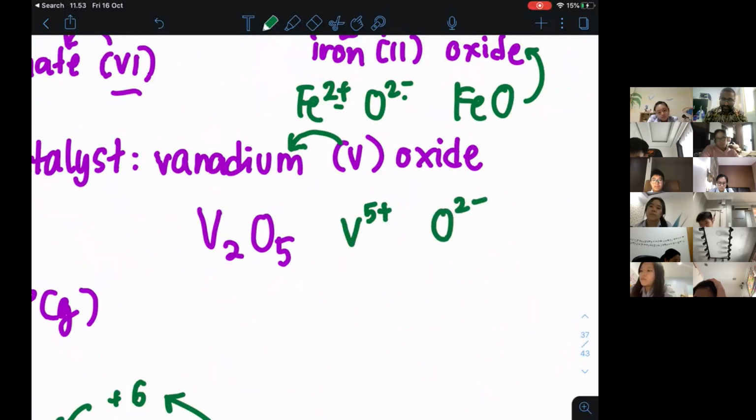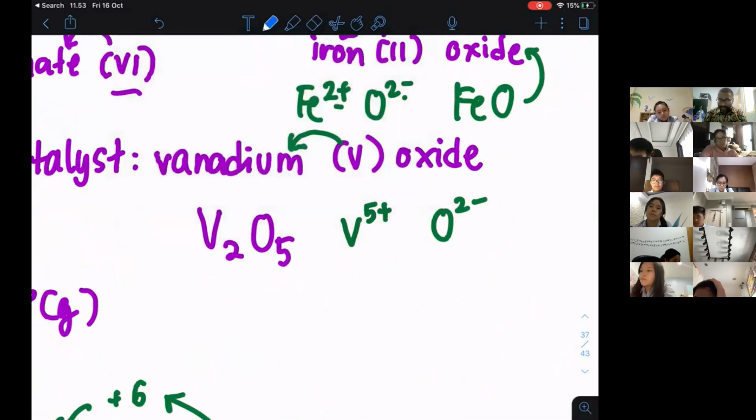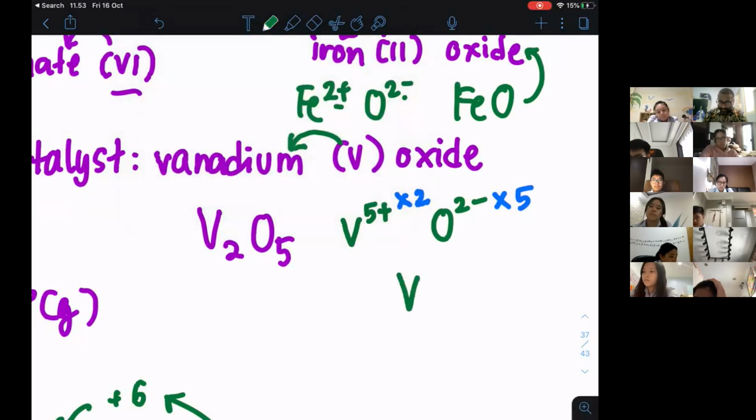If I swap over here, this one will be times by 5 and this one will be times by 2. So if I write it down, V, I take this 2, O, I take this 5, that's why it's V2O5.